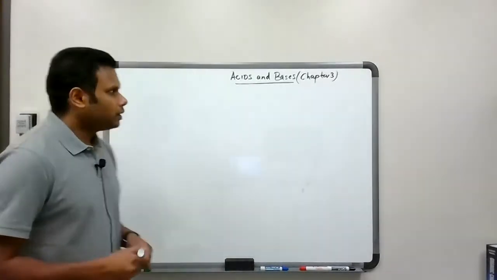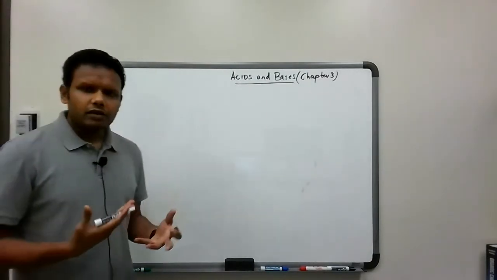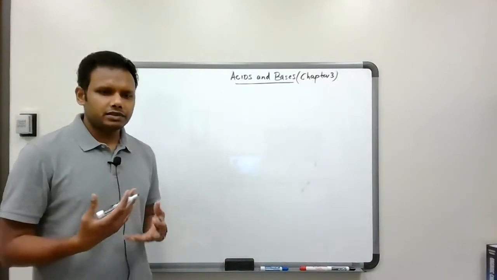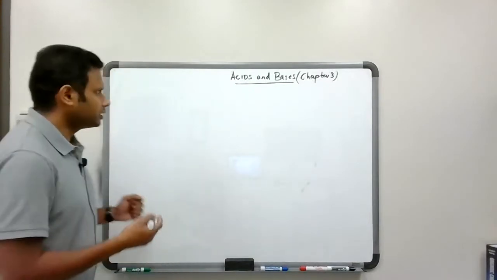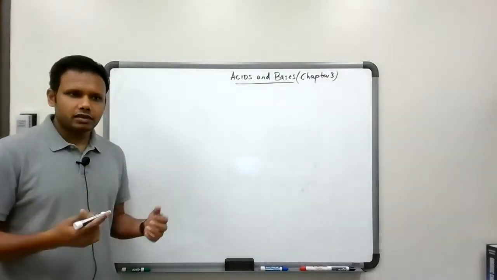Okay, so to start off, I want to talk about some definitions of acids and bases that you are already aware of. Acids and bases have been defined in several ways.